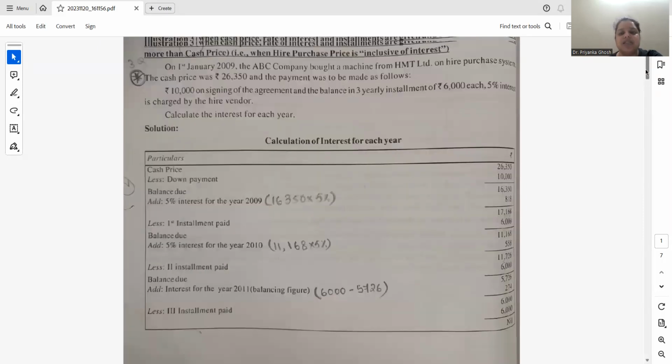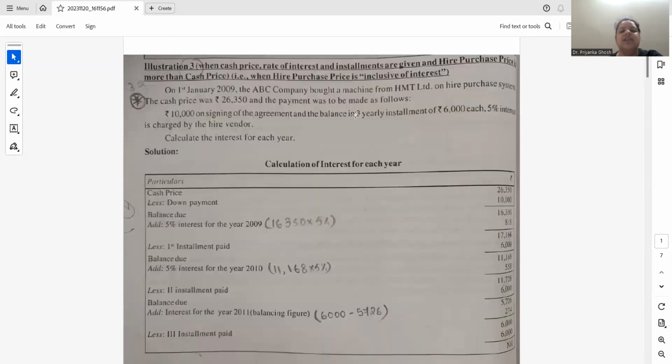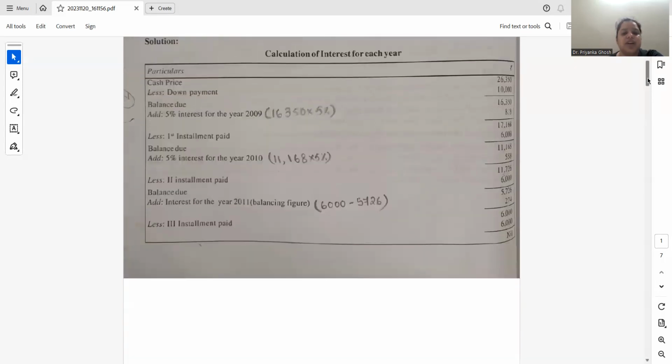Now this is the last year for me. How do we understand it is the last year? Because the question says there are 3 yearly installments. Two installments we have already made, so this is the last installment. At the beginning of the third year my due is 5,726, and my installment amount is 6,000.